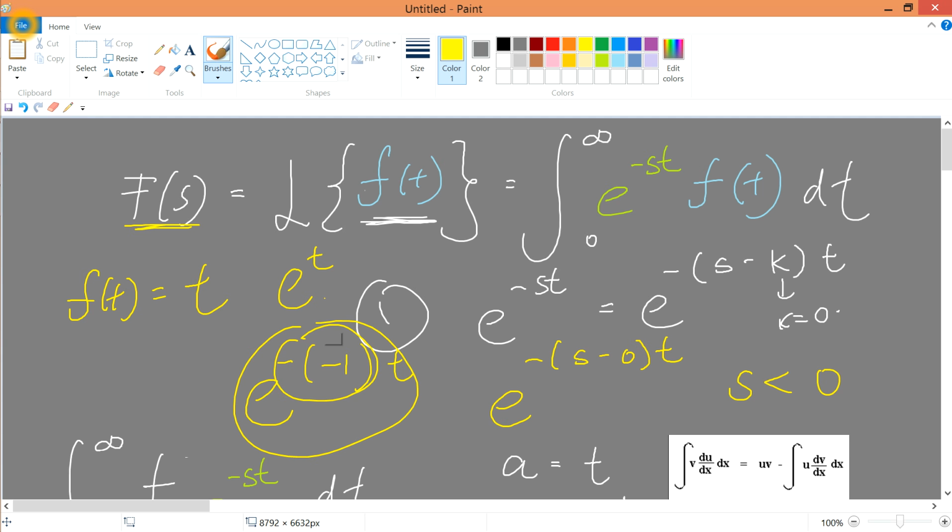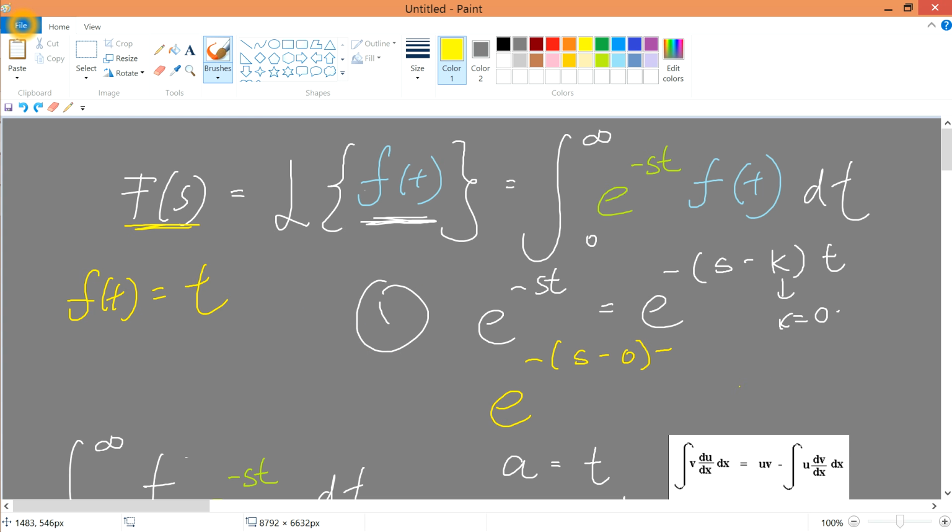Minus times minus 1 gives plus 1. You don't want this. This is why s has to be larger than 0 in this case.